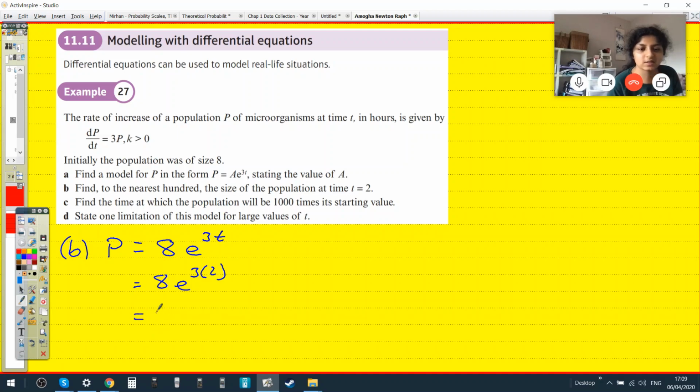Yeah, it says to the nearest 100. So roughly 3,200 people, whatever it is. Oh, microorganisms. Okay, C. So you want P is equal to 8,000.